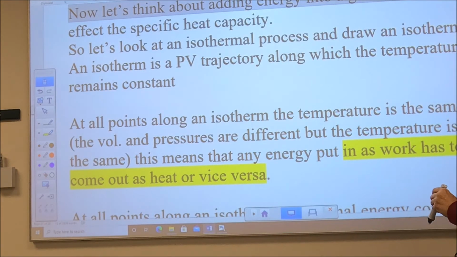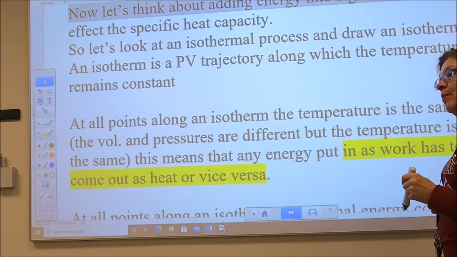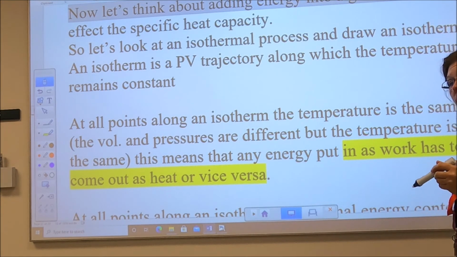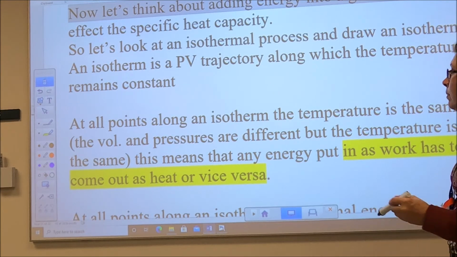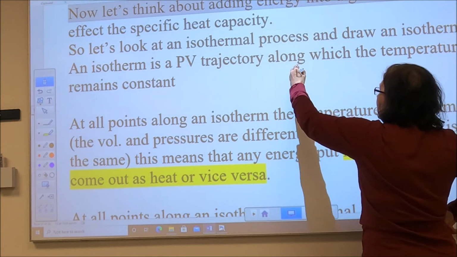All points along an isotherm are at the same temperature, so therefore they're at the same thermal energy.